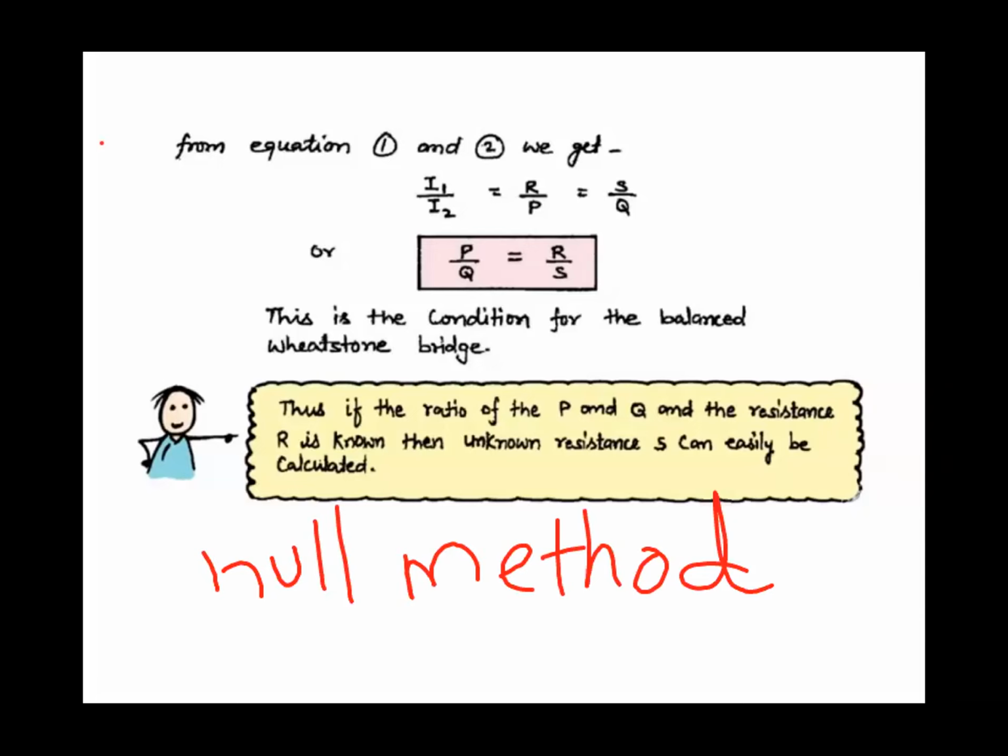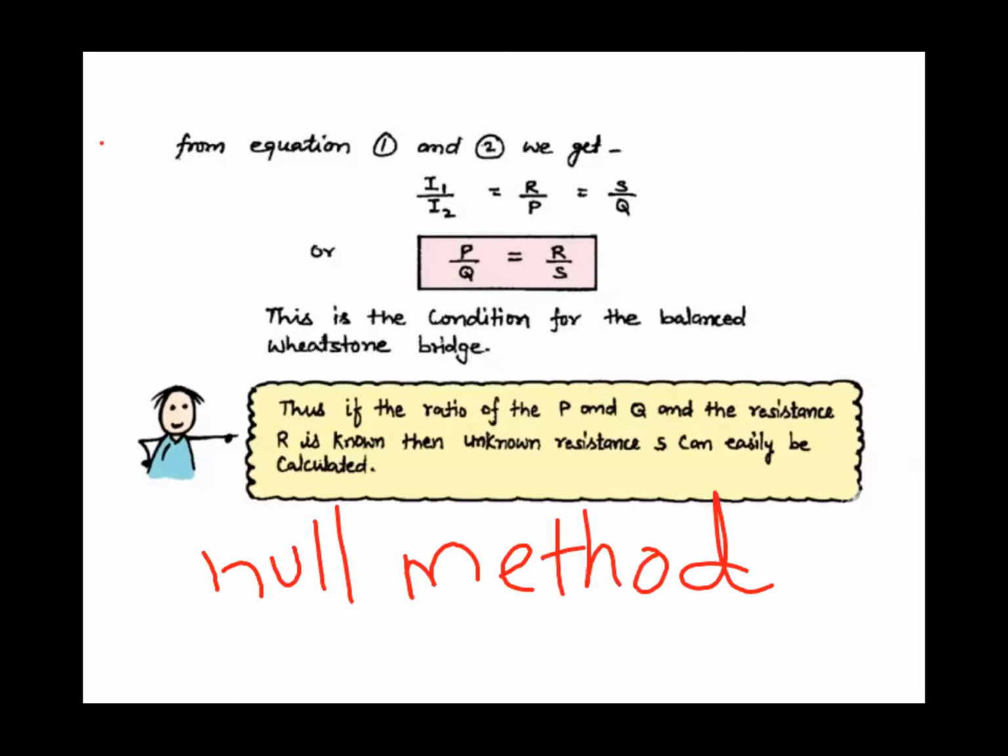So in the null method, in the zero deflection method, we know that no current flows. So as no current flows, no instrument of the circuit is going to utilize current. There is zero current, and so the value of resistance which you will get is very, very accurate.